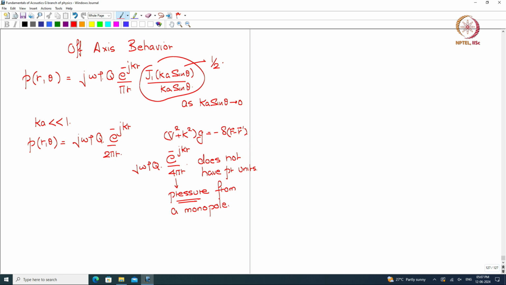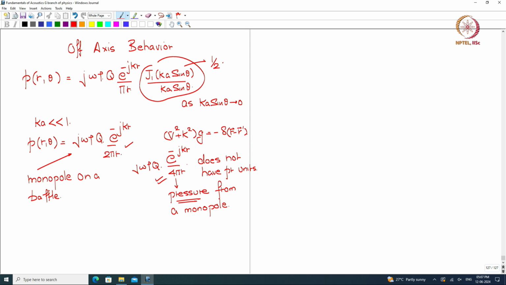Now we have here the expression for a monopole on a baffle. So there is only a difference of 2 here. So this is twice the value of this.